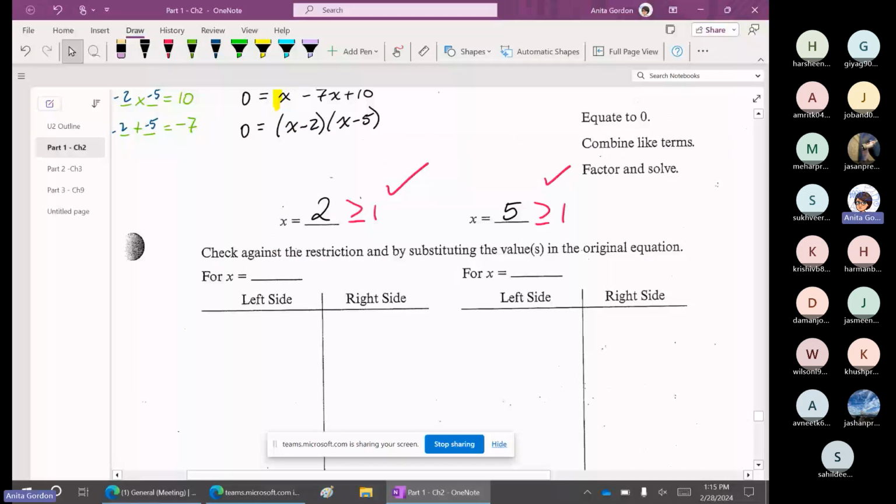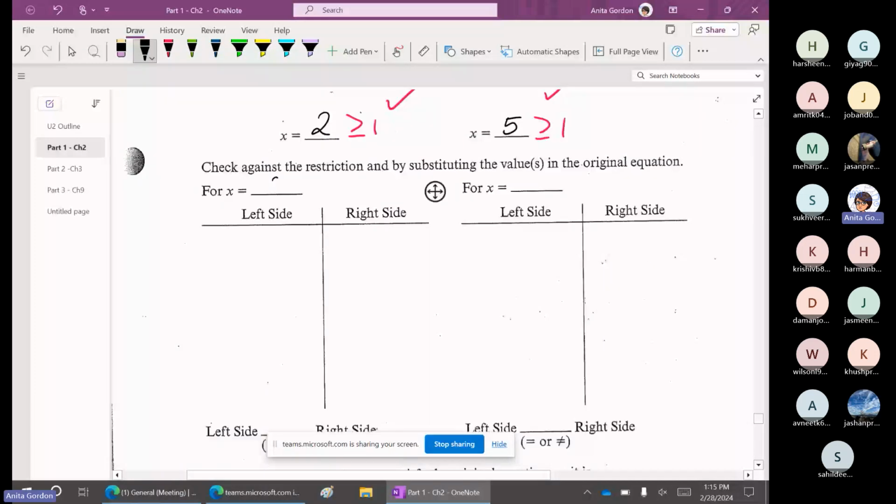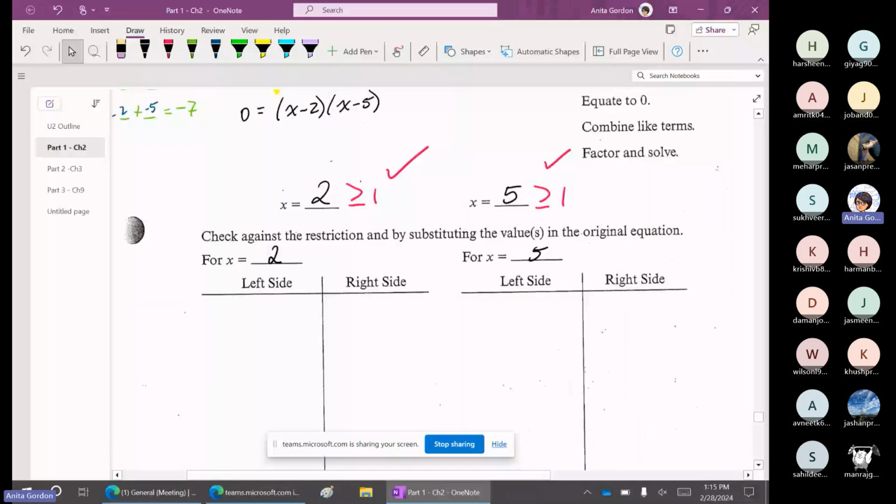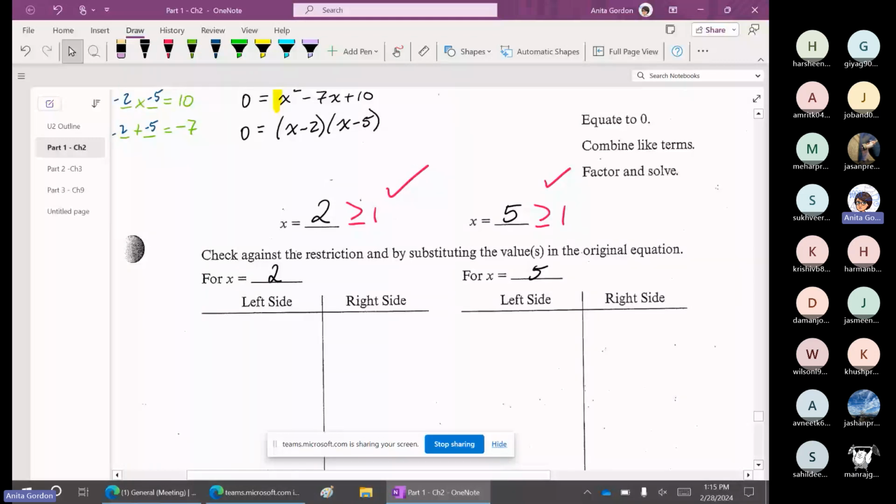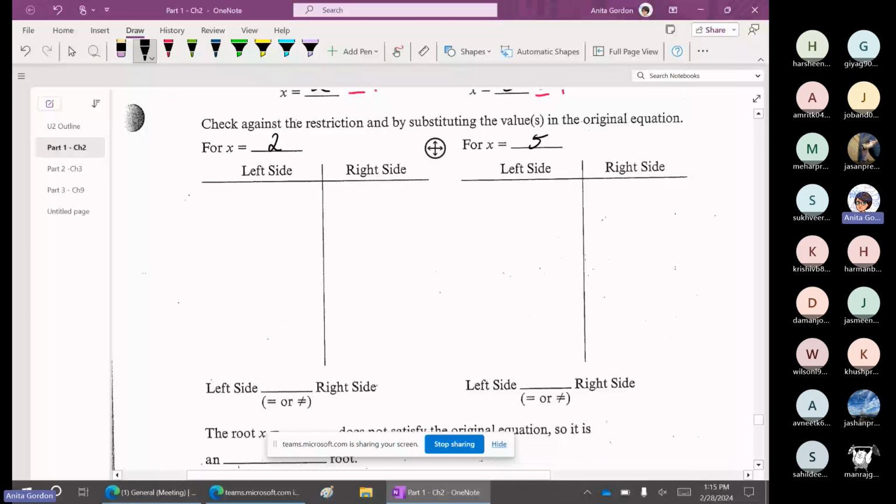If I'm checking for x equals 2, I'm going to rewrite the original equation into here, keeping the left and right sides separate. So I'm going to have 3 plus square root 2, because that's the number I'm checking, minus 1. Equal sign is the line.